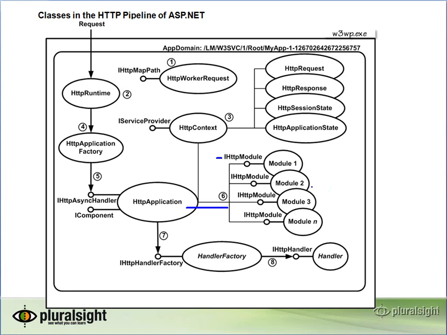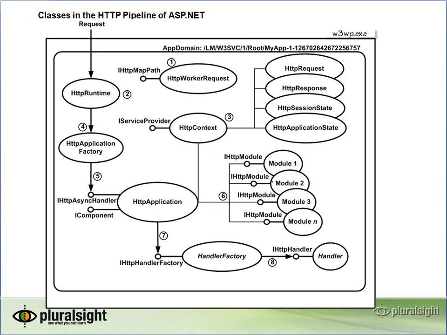So, for example, things that are implemented in modules typically include security. Authentication is a module level feature. Authorization would be a module level feature. Things that you want to have happen outside of the actual processing of the request and have happen across all requests coming into the application. These are things that you might want to implement in terms of a module.